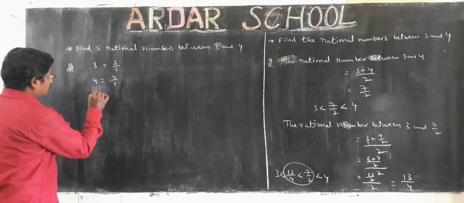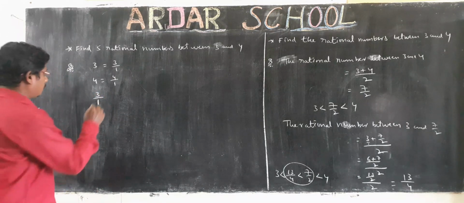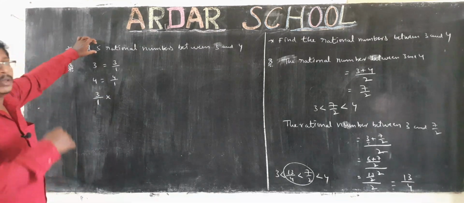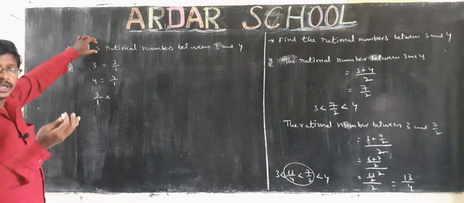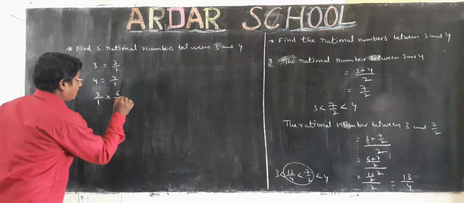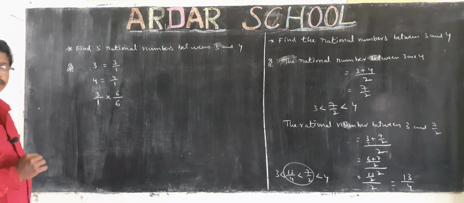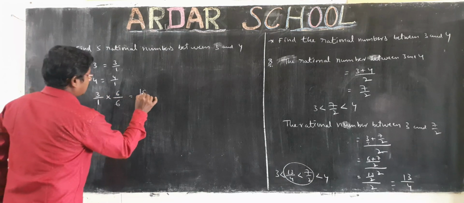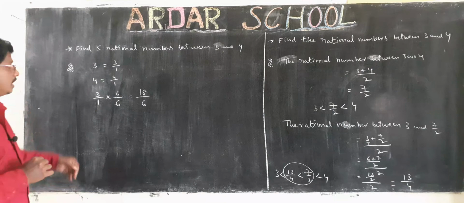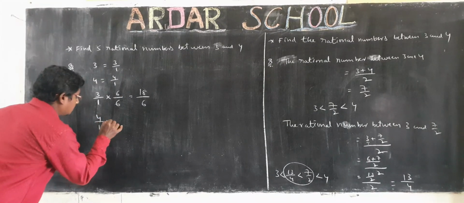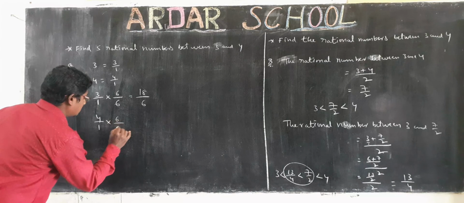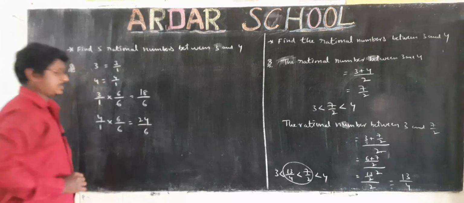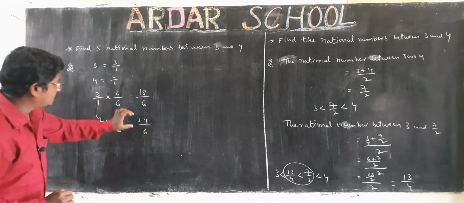The required number is 5, and one more than 5 is 6. So multiply 3 by 1 by 6 by 6: 3 times 6 is 18, so 18 by 6. In the same way, multiply 4 by 1 by 6 by 6: 4 sixes are 24, so 24 by 6.